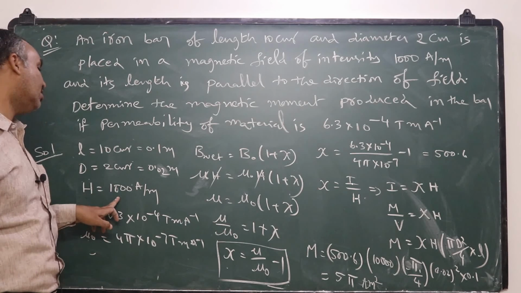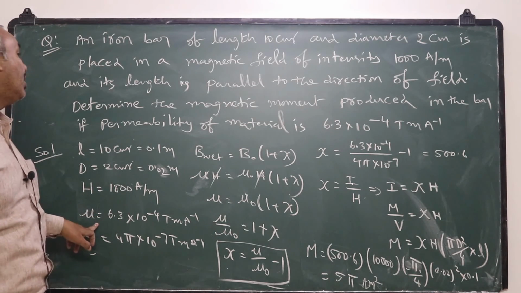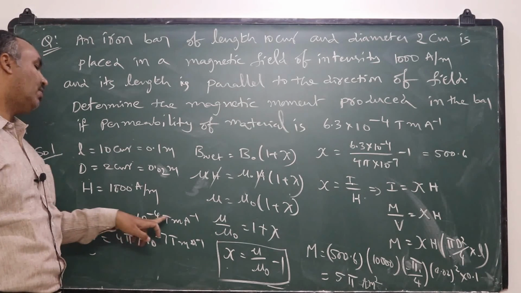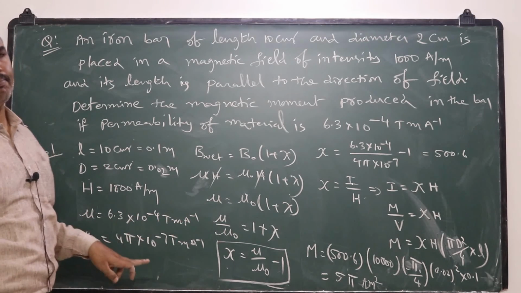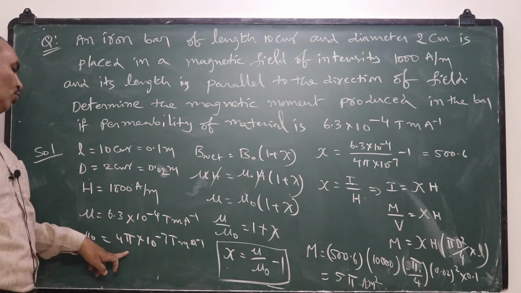The magnetizing field is 1000 ampere per meter. The permeability of the material of the iron bar is 6.3 into 10 power minus 4 Tesla meter per ampere. You know the permeability of free space as 4 pi into 10 power minus 7 Tesla meter per ampere.